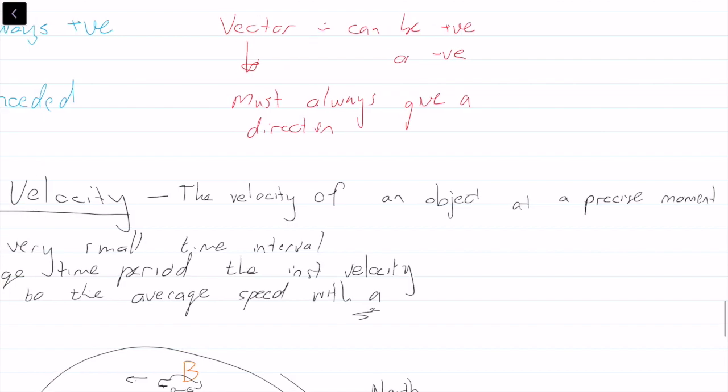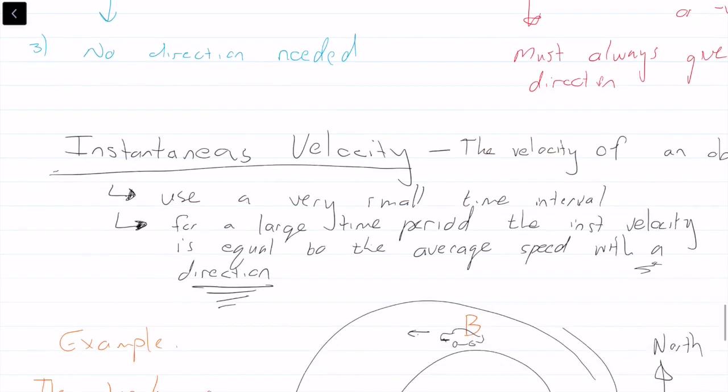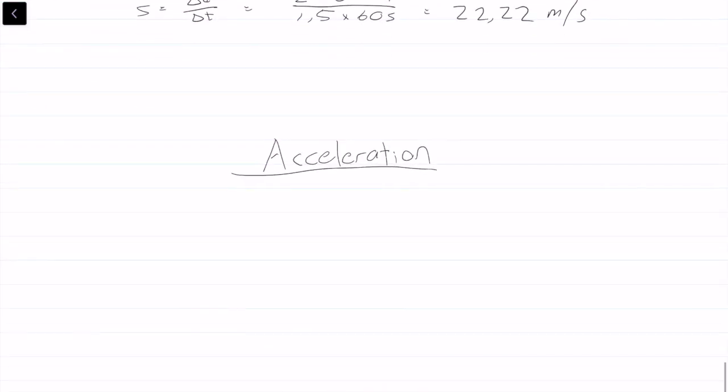Remember we said that it can be over a very small time interval, or if it is a very large time interval, then we use the average speed and a direction. We also did an example, but now we're moving on to acceleration.